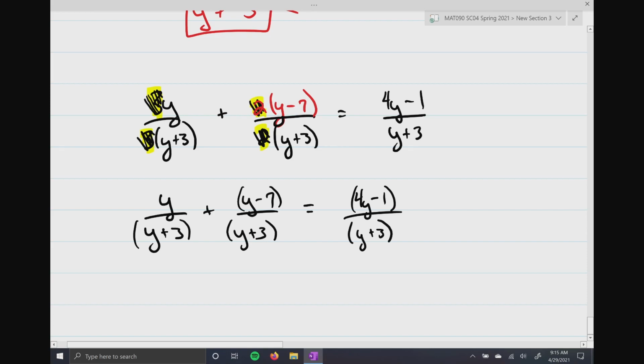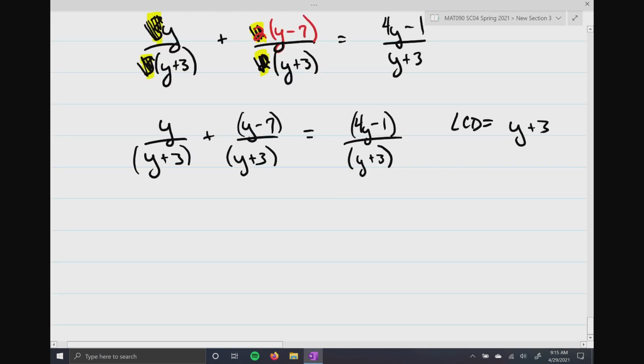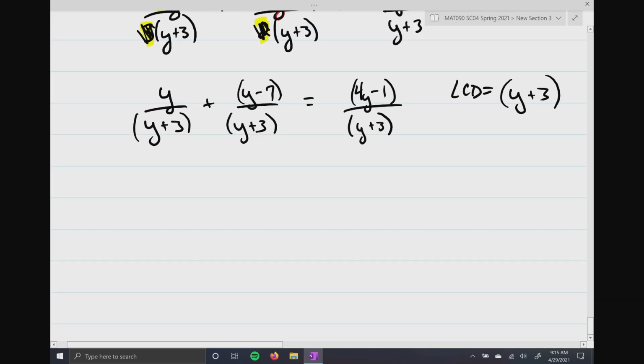So step one, what's my LCD? Because remember, though I don't like fractions, I learned how to get rid of them. How do I do that? I multiply every single term by the LCD to eliminate all fractions, or all denominators more specifically. So what's my LCD here? Perfect. In stereo. Thank you, Jada. Thank you, Ramzia. So I'm going to multiply every single term by y plus 3.